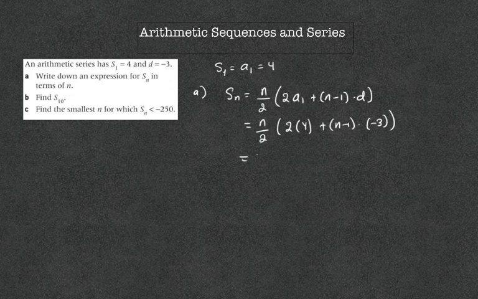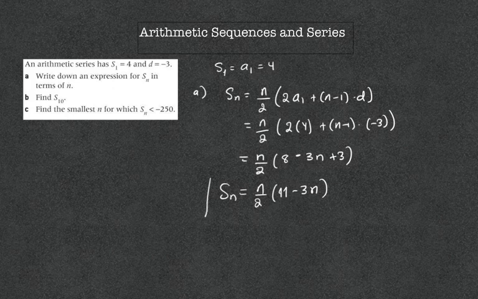So this is going to be n over 2, 8 minus 3n plus 3. Now 8 plus 3 is 11. So n over 2, 11 minus 3n. That would be the formula for Sn. We shouldn't work it out further for the time being. So we're going to keep it like that and work on B next.